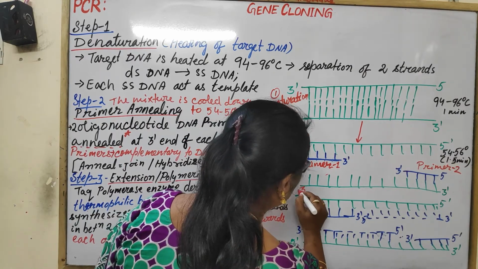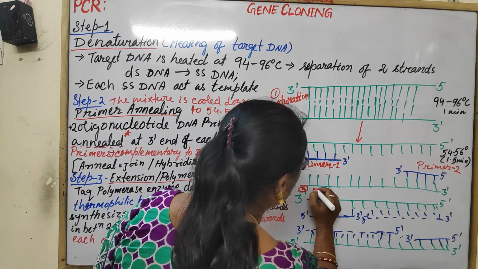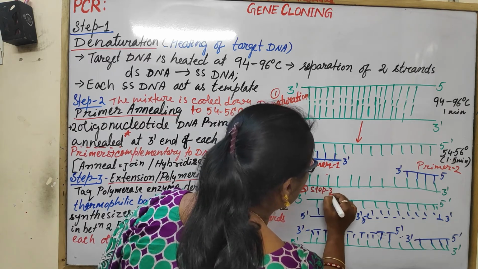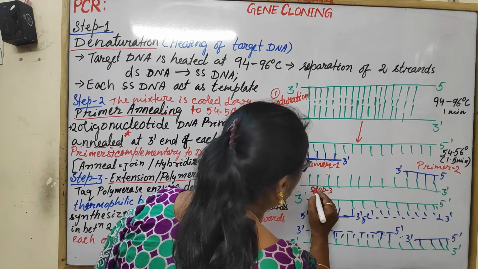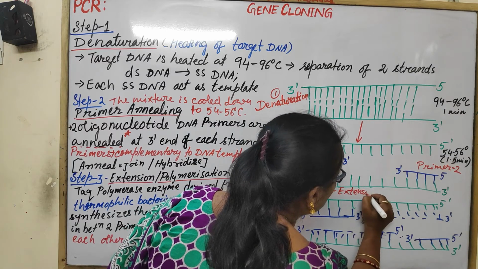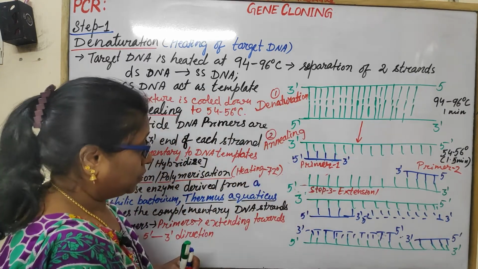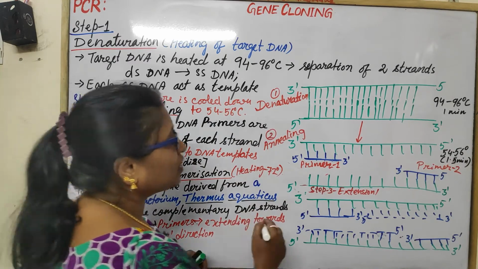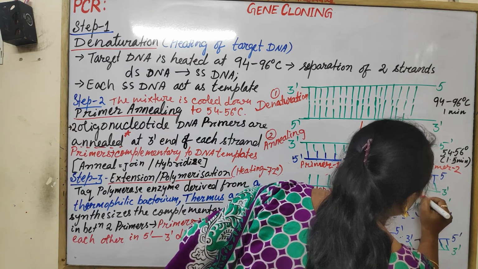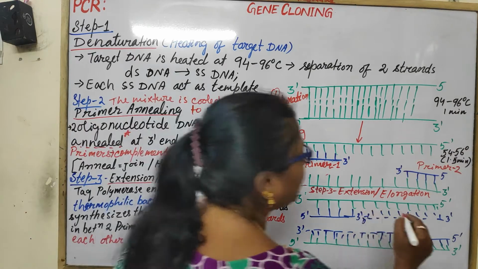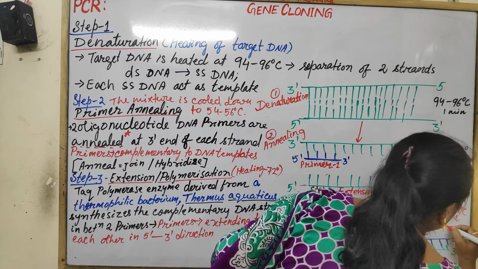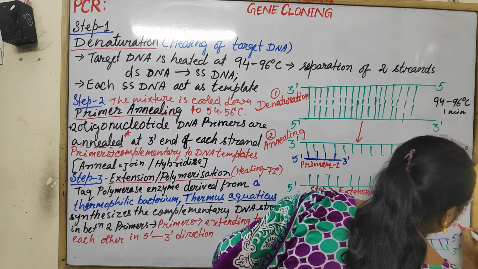Here I am writing step 3. Step 3 is the extension, or we can say extension or elongation, and this is done at 72 degrees Celsius for 1 to 1.5 minutes.